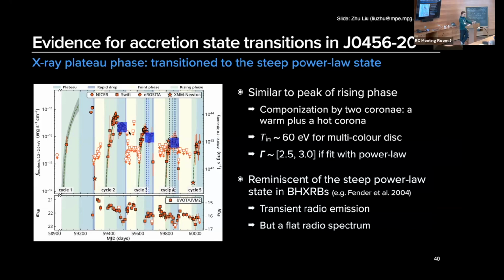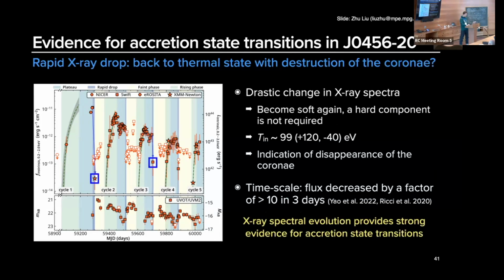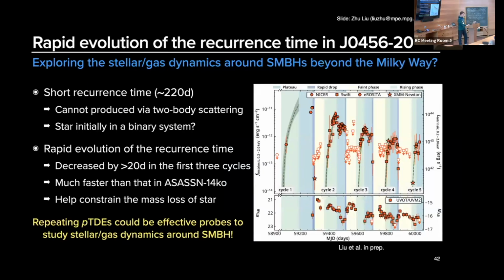Yeah, and so these blue squares effectively show the plateau phase. That's when we're detecting transient radio emission, which is reminiscent apparently of the steep power law state in black hole X-ray binaries. Having this system means that you can track the accretion state transitions over and over again.